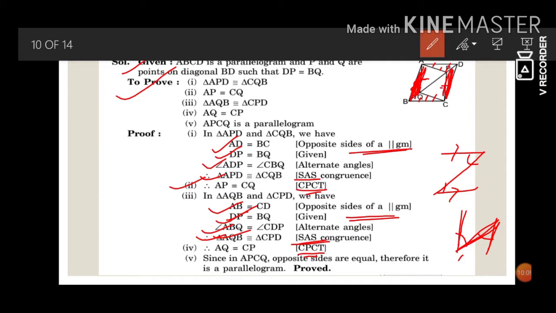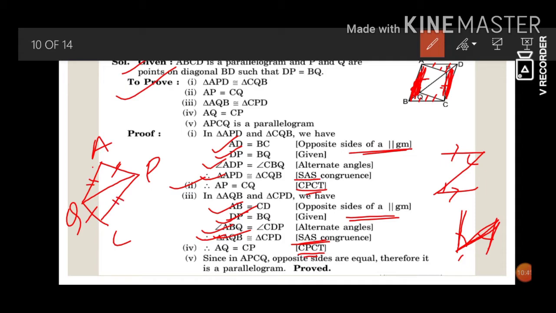Now in the big parallelogram, we have a small parallelogram like this, which is named APCQ. From the second subpart by CPCT, we have shown AP is equal to CQ, and from subpart 4 we have shown that AQ is equal to CP.